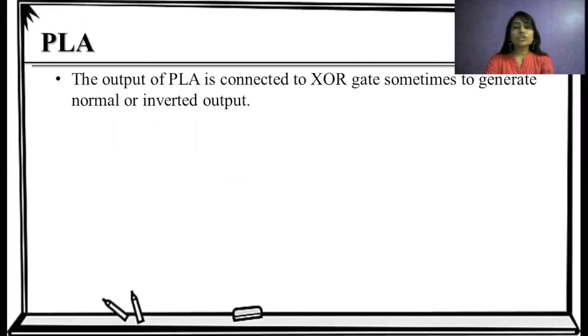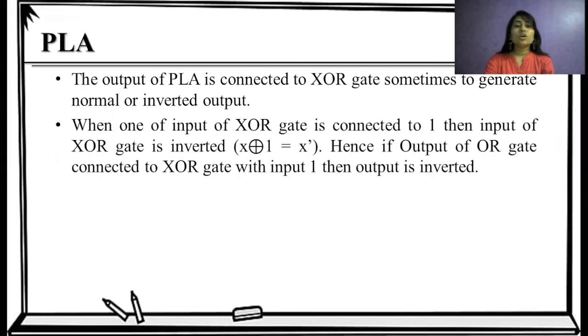The output of a PLA is sometimes connected to an XOR gate to generate a normal or inverted output. When one of the inputs of the XOR gate is connected to 1, then the other input of the XOR gate is inverted. That means if we have one input of the XOR gate as 1 and the other input as A, then A XOR 1 basically produces A dash.